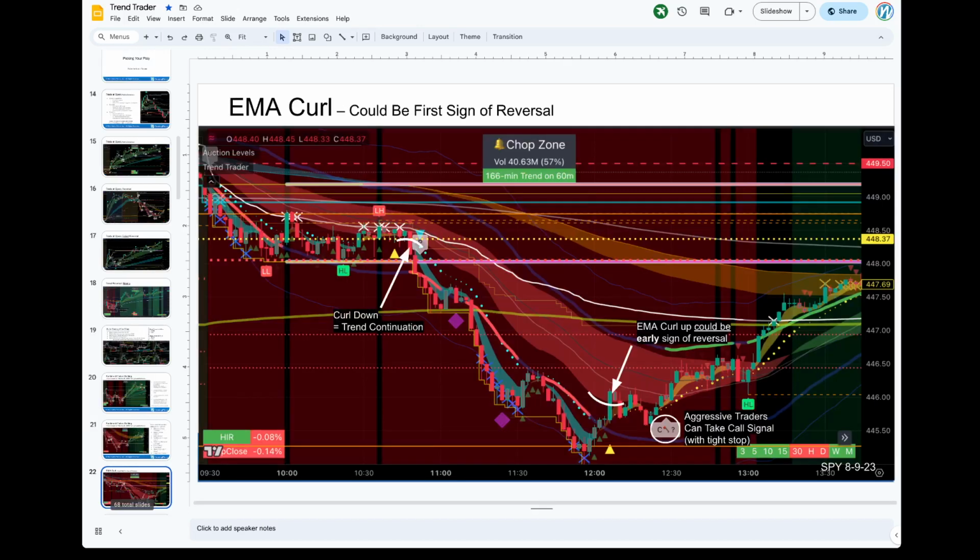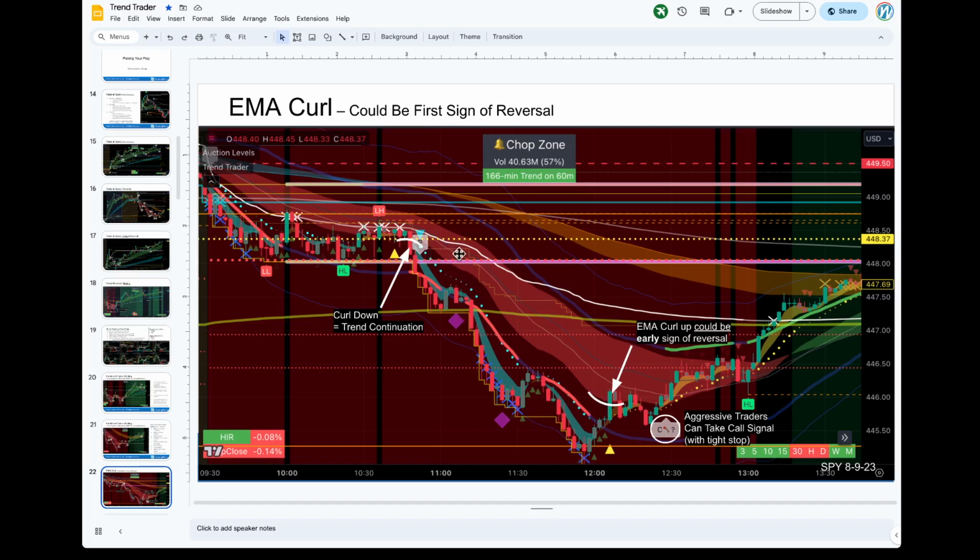Again, you can go read these at your leisure. EMA curl, that's what I talked about. You can see the EMA clouds have this curl that goes down. That makes the trend stronger because of your slope. The slope is super important. If the slope increases, then it makes it a stronger trend.